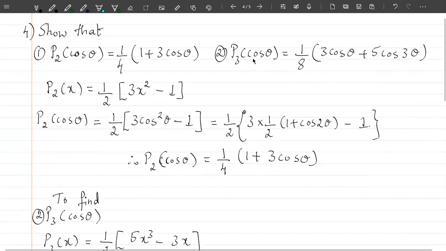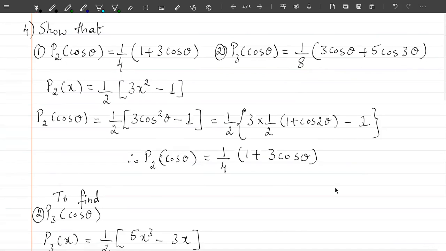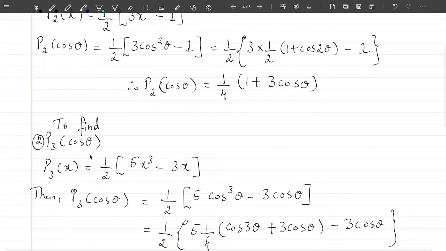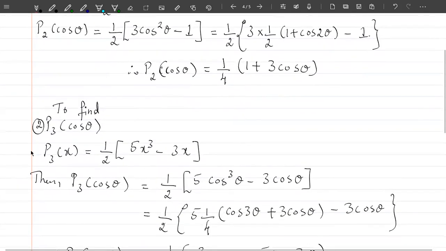And the next one is prove that P3 of cos theta is equal to 1 by 8 into 3 cos theta plus 5 cos 3 theta. So to solve this, again we use the Legendre polynomial expansion of P3 of x. P3 of x is equal to 1 by 2 into 5x cube minus 3x.